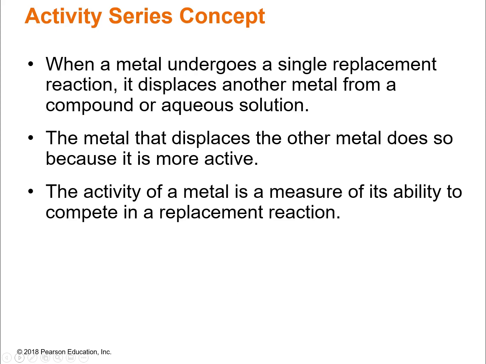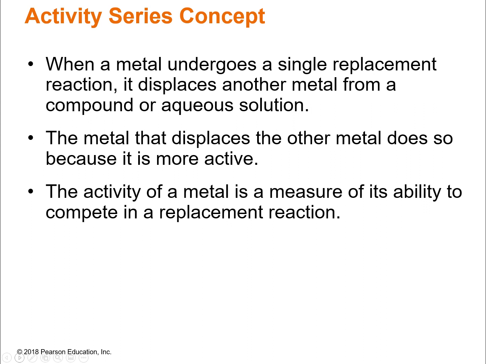Before we can go to our next reaction type, got to tell you about an activity series. Metals can undergo single replacement reactions, which is the next type of reaction we're going to talk about. And what that means is that it displaces one metal from a compound or an aqueous solution. The metal that can do the displacing is more active than the metal that is replaced.